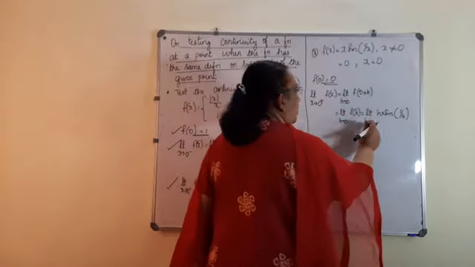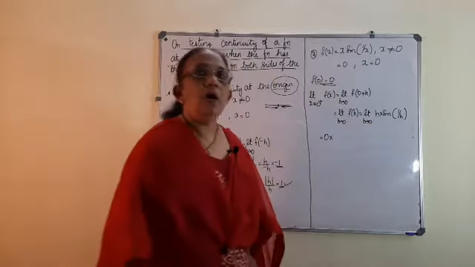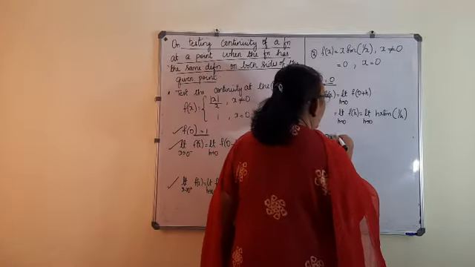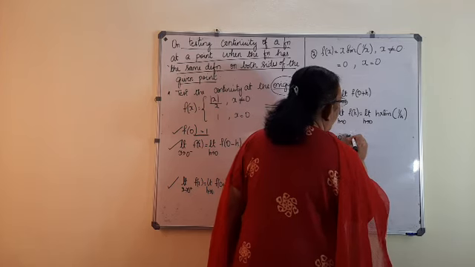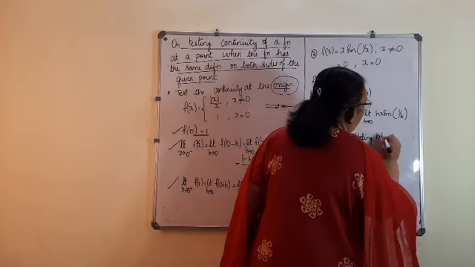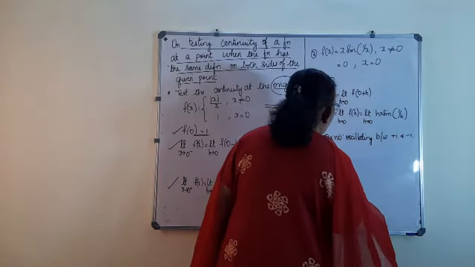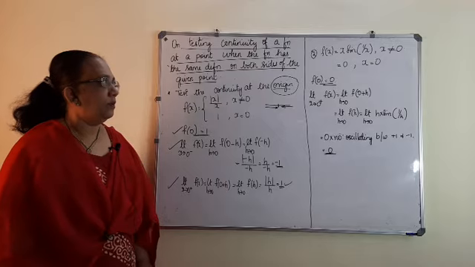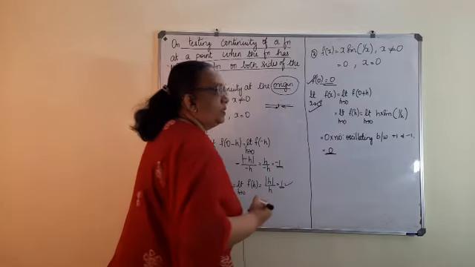But what is this equal to? h is tending to 0, so that is equal to 0 into sine of 1 by h. Sine of 1 by h means sine of an angle, and sine of an angle is a number oscillating between plus 1 and minus 1. So this value is equal to 0. So f of 0 is equal to 0, and the right hand limit is equal to 0.